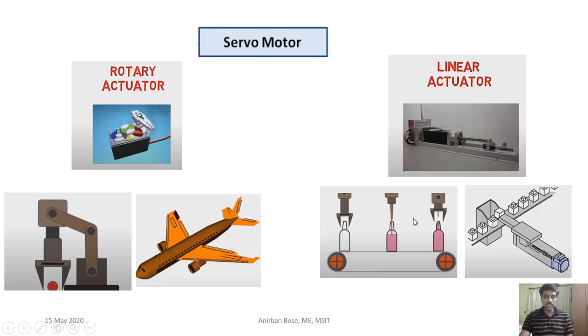This kind of operation can be done with the help of servo motors. They are precisely controlled. This linear actuation motion can be controlled. Here you can see some of the processes in assembly line operations that are going on. Some linear actuation is taking place. So all these are controlled by the servo motors.